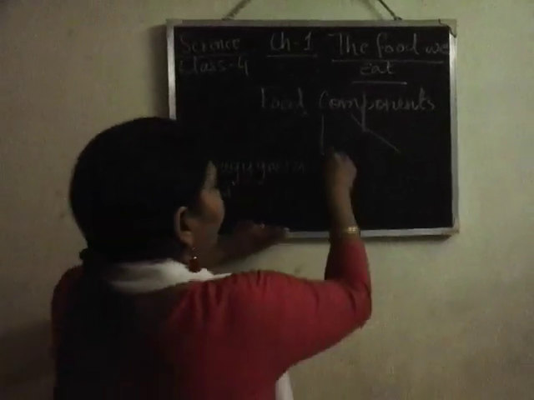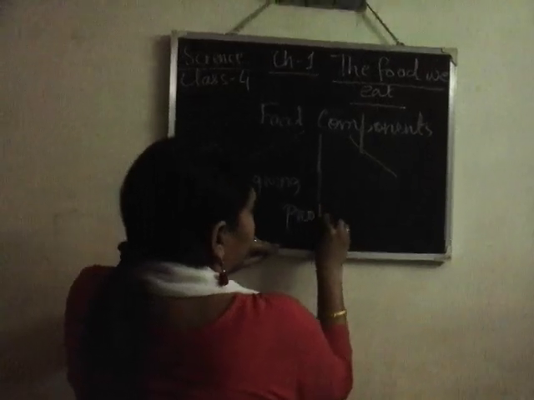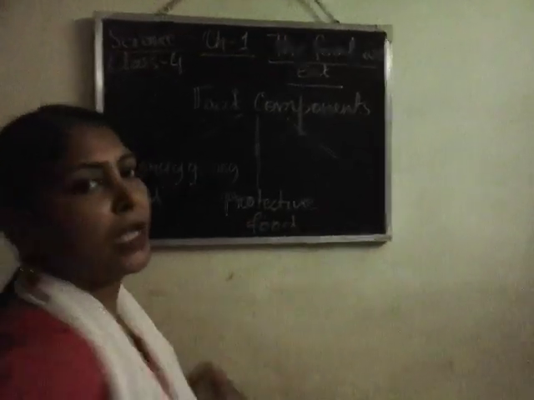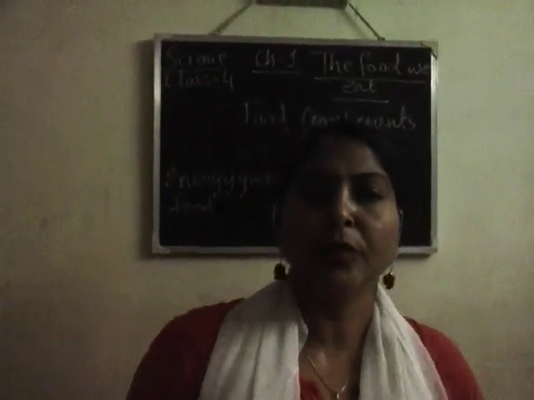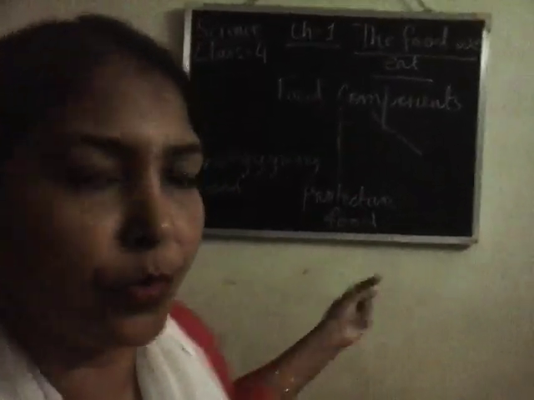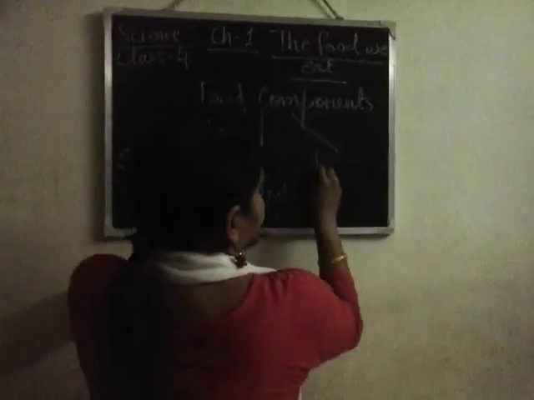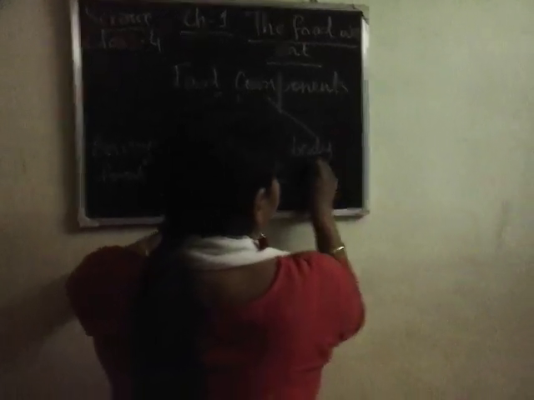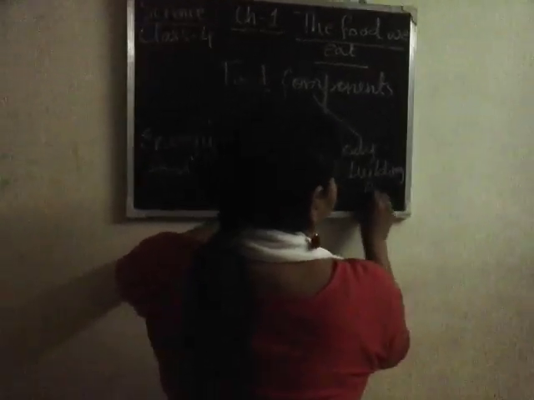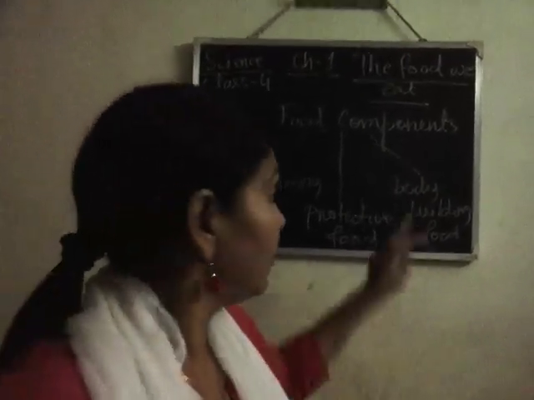Okay. Then we move on to the next component. Now in food components there are certain foods which help us to fight against diseases. So they are called protective food. And the third food component is bodybuilding food.